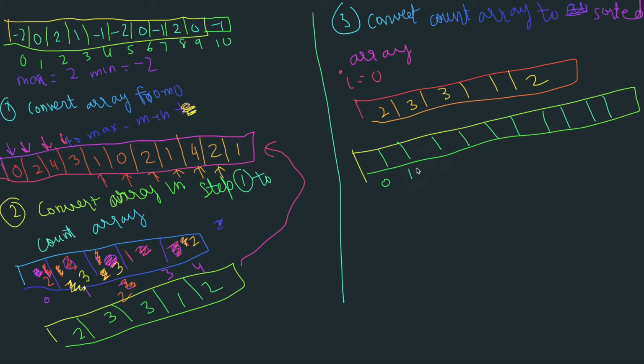Initially I is 0, and the value we keep at I equal to 0 will be 0, the index here, right? So we keep 0 here.